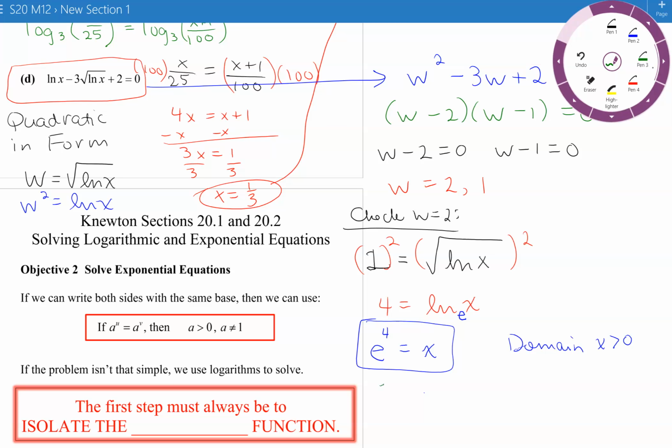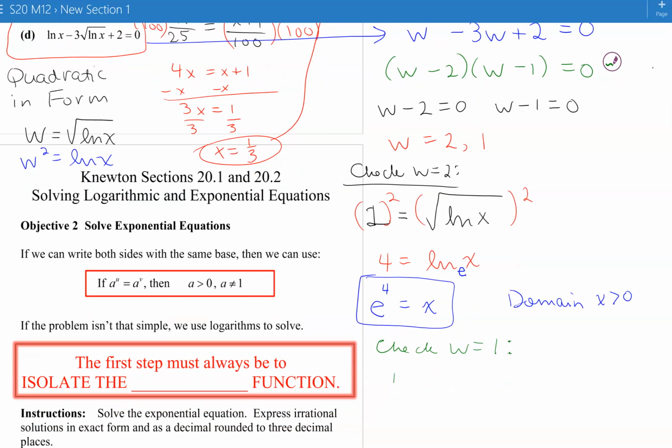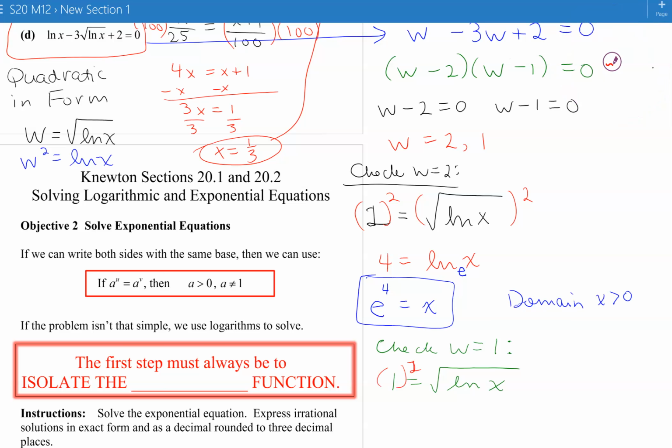And then let's see what happens when w equals 1. So I'll have 1 equals the square root of the ln of x. Square both sides. And get 1 equals the ln of x.